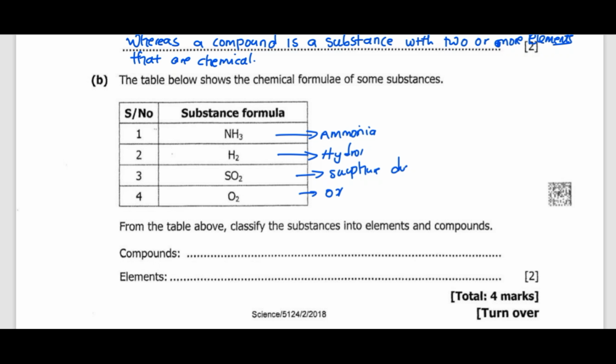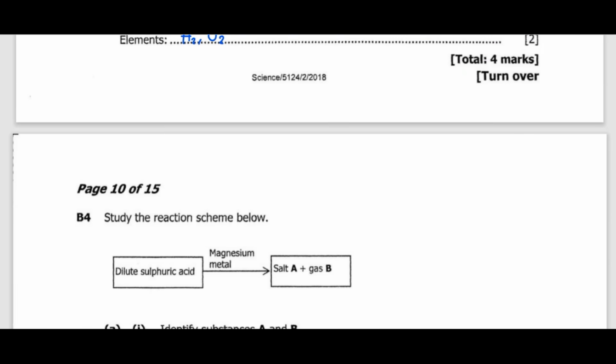From the table above, classify the substances into elements and compounds. Substances that are compounds are the first one, NH3. Why? There are two kinds of elements, hydrogen and nitrogen. Then the second one is SO2, which is sulfur dioxide. Then elements, we have hydrogen, then oxygen. So that's how we can answer a question like this one.